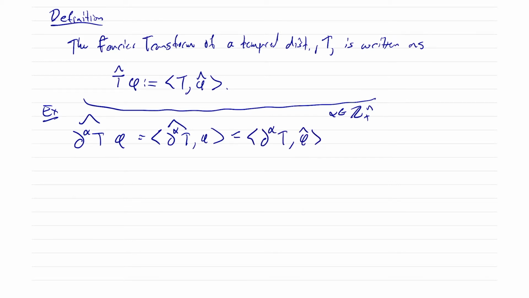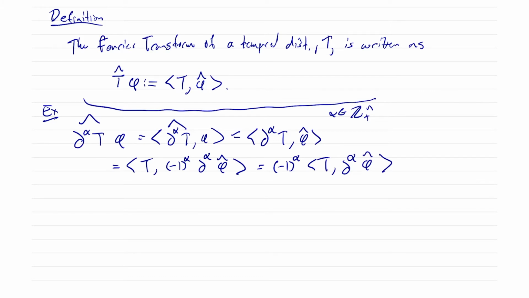And now we can move the derivative off of T and move it onto phi. So then we get T, and then we have (-1)^alpha of d^alpha phi hat. We can move the (-1)^alpha outside, and we're left with T against d^alpha phi hat.